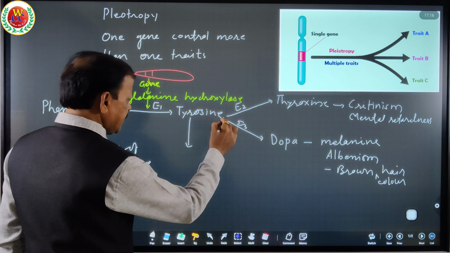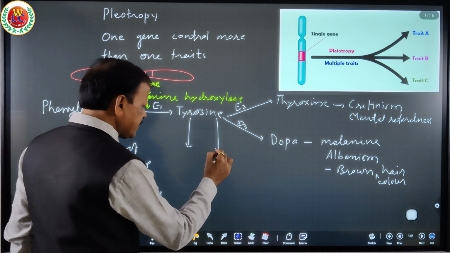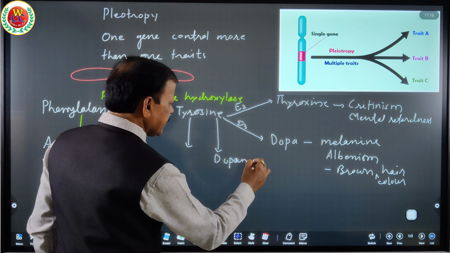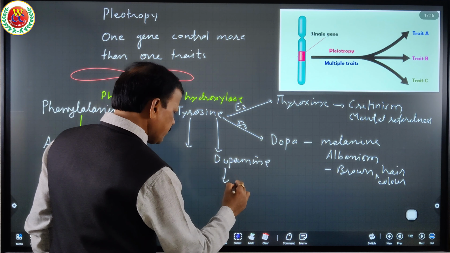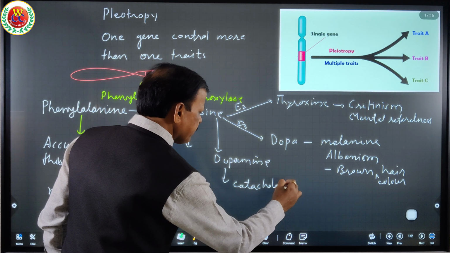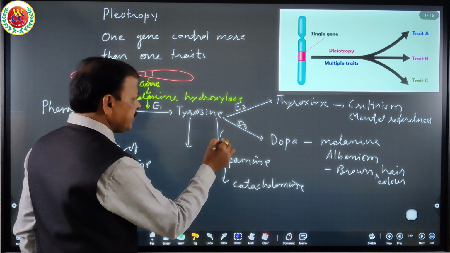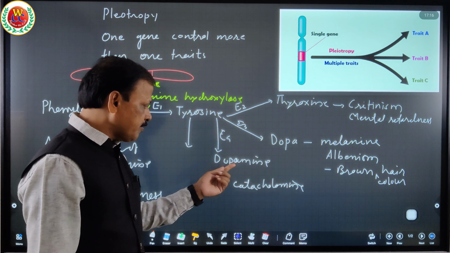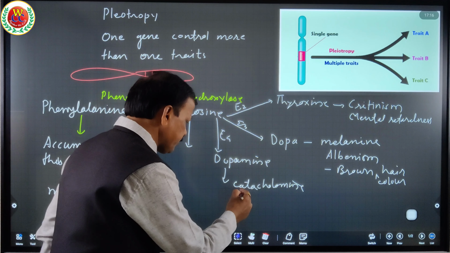If this is not converted into dopamine, then there is no production of catecholamine. This is one more enzyme, E4, which catalyzes the conversion of tyrosine into dopamine, which is further converted into catecholamines.